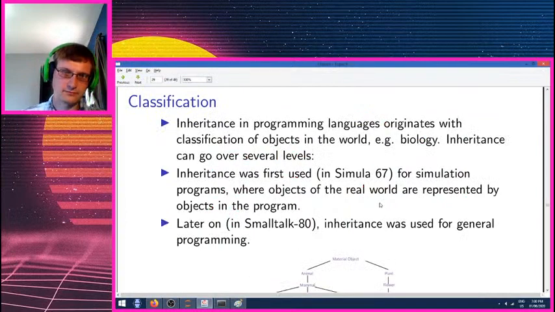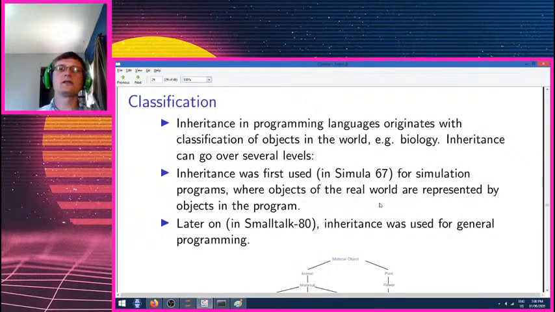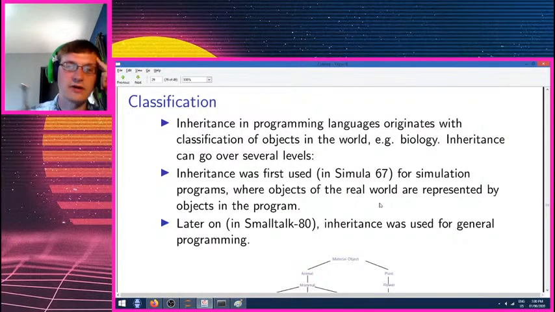So, the idea of inheritance derives from the idea of classification. We want to create a system of classification in order to characterize things in the world, right? So the classical example is in biology, right?